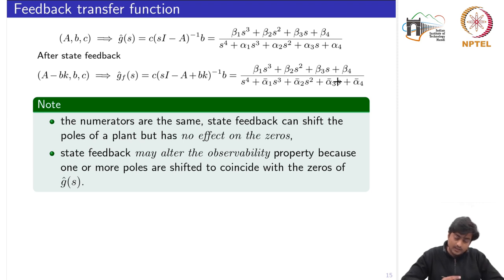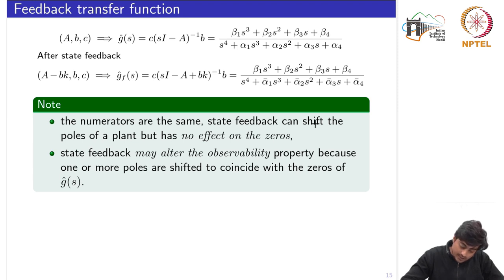There are many important things to note here. First, in both the transfer function of the plant and of the closed loop system with state feedback, the numerators remain the same. If you compute the roots of these numerators, the roots remain the same, which are basically the zeros of the system.